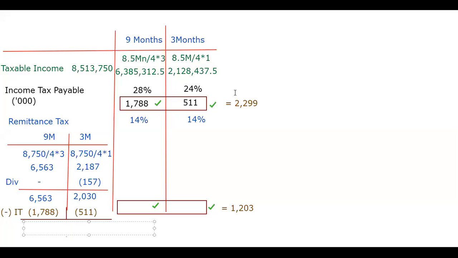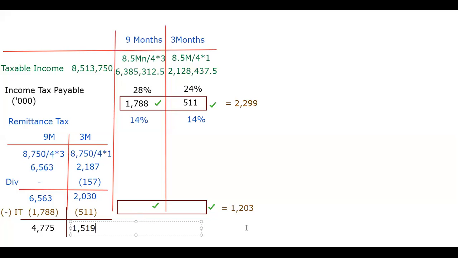6563 minus 1788. Then 4775 is 1. Am I correct? Yes, sir. Yes. 519.